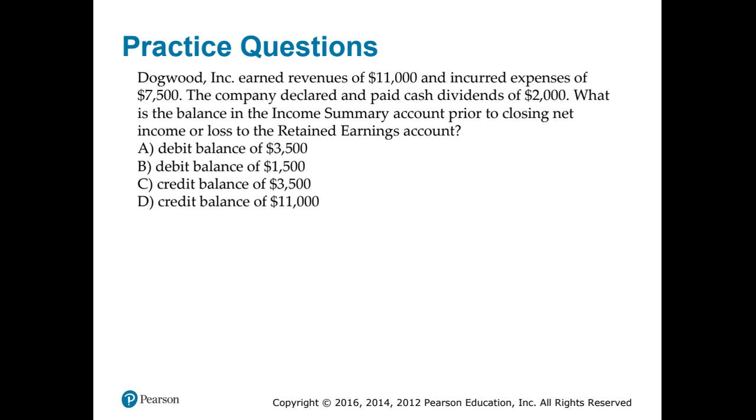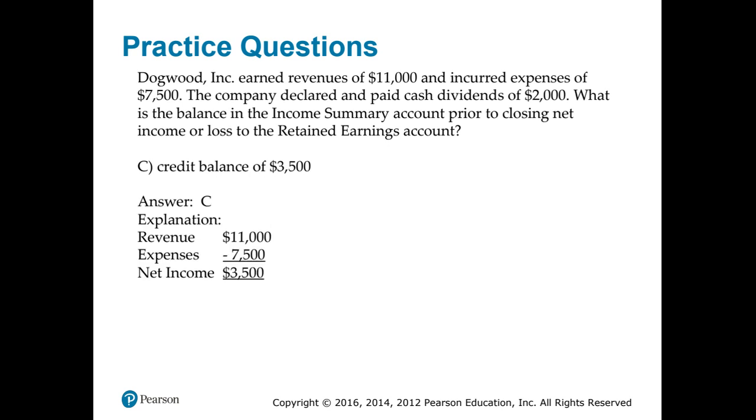So this is before we close out our net income or loss to retained earnings. Is it D? B. So it's C. This needs to be highlighted.